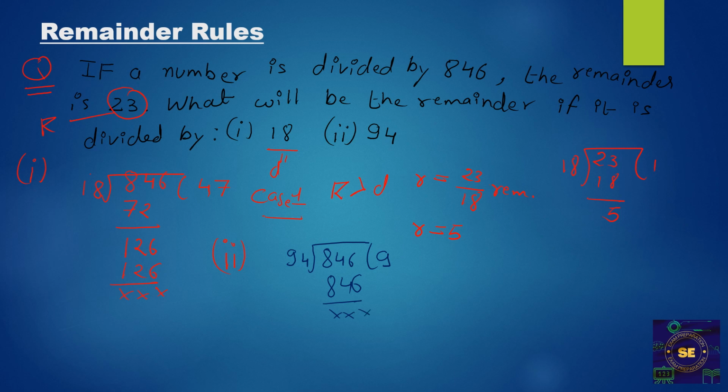So 846 is a multiple of 94, and it goes with case number 2. What does case number 2 say? When the greater remainder is smaller than the divisor. Here 23 is smaller than 94, so the smaller remainder will be the greater remainder, so r will be 23.